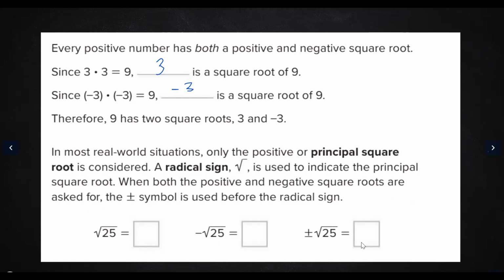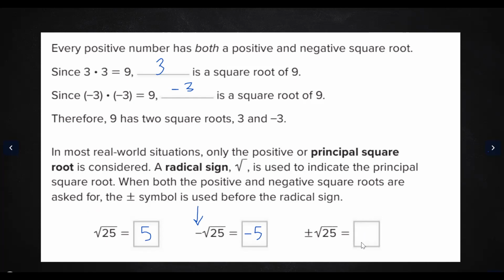In this case, the square root of 25 is 5. What about when we're asked to put only the negative of the square root of 25? So my answer would be negative 5. But when I'm asked to put the positive and the negative, I have to give two numbers, the positive 5 and the negative 5.